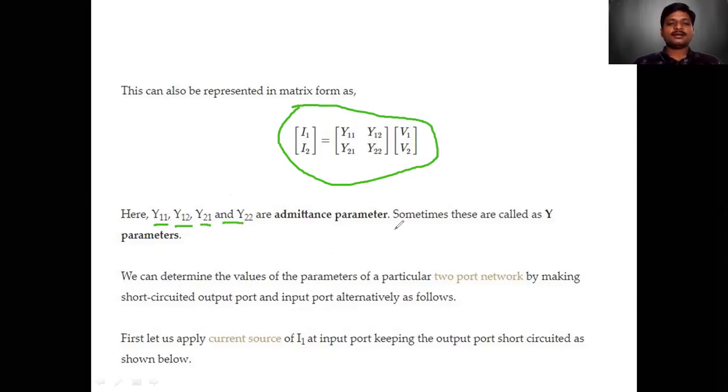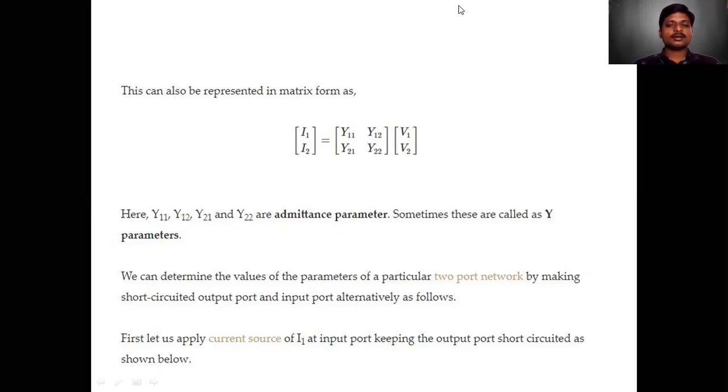If you want to determine these parameters, you have to short circuit. If you want to determine Y11 and Y21, you have to short circuit the output port. Similarly, if you want to determine Y12 and Y22, you have to short circuit the input port. So you are short circuiting to find these parameters. Therefore, you call these parameters short circuit parameters or admittance parameters.